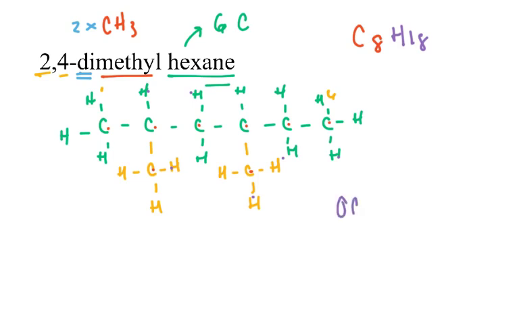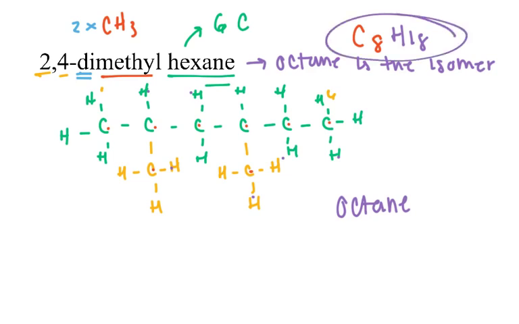So we're going to have octane, the same molecular formula as octane. So octane and 2,4-dimethylhexane are isomers. Same molecular formula, but they have different structural formulas.